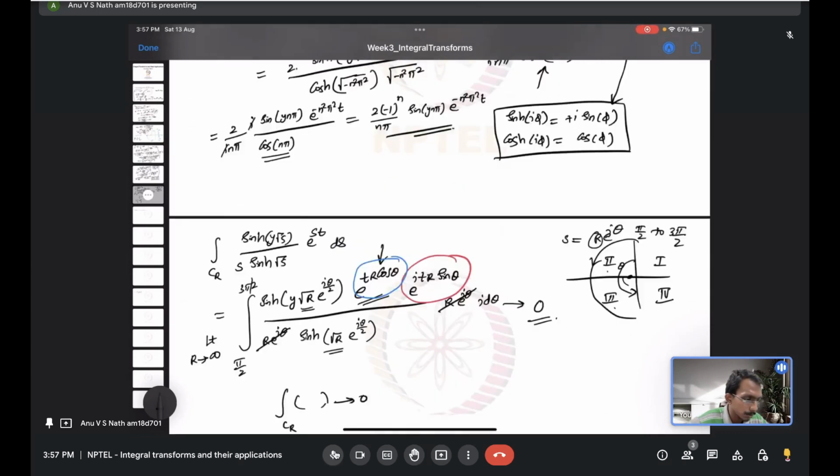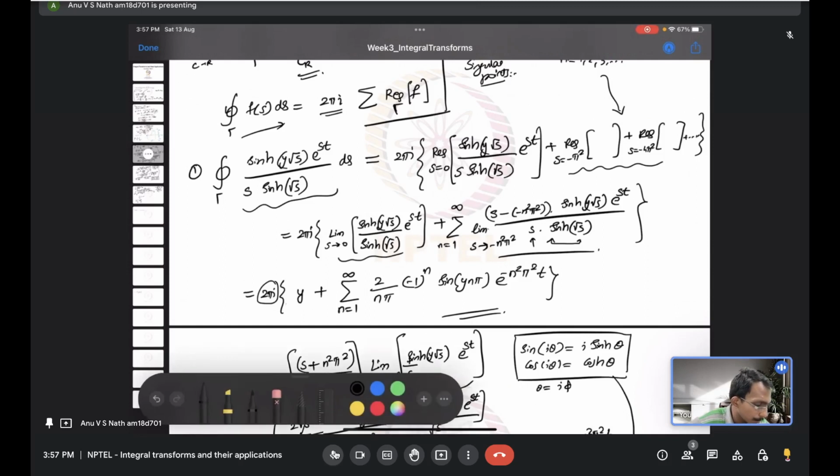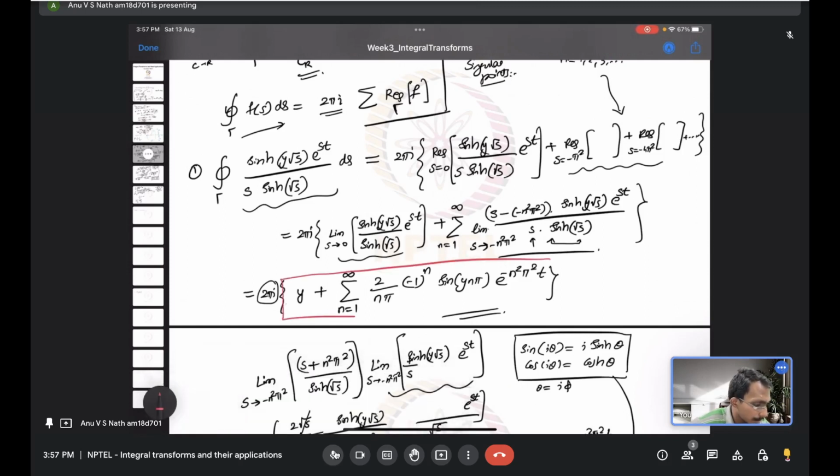So if you divide with that 2 pi i, what appears inside the red box is the solution for the inverse Laplace transform. I gave this expression in last week's session. So now I have shown how to approach the entire problem and get the solution.